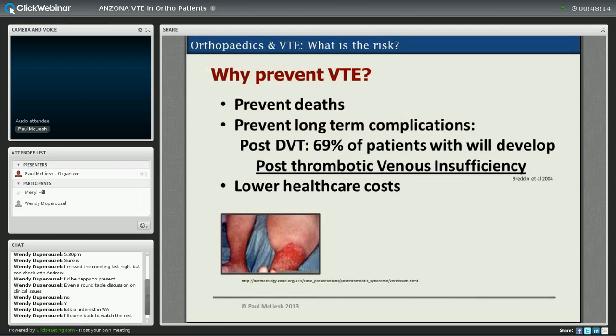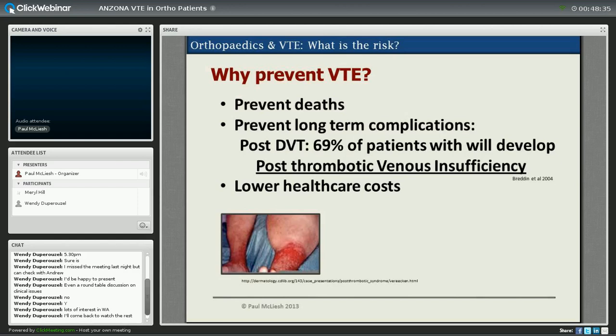I don't know if those figures are right, that seems quite high, but it is a problem, and even if you treat a DVT as soon as you notice it and provide the correct treatment, patients can still go on to develop this syndrome as well.